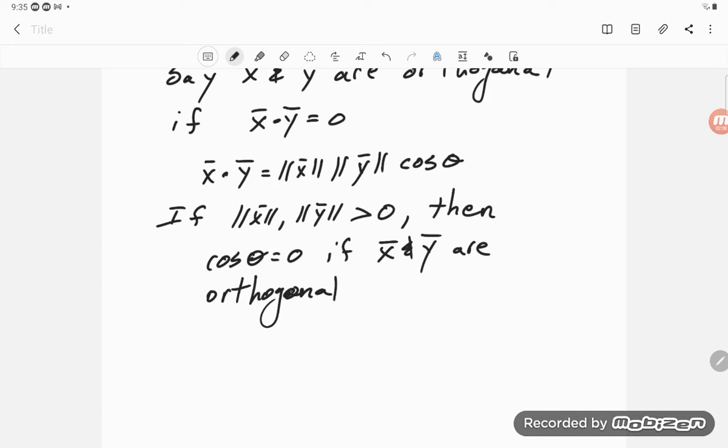Now, physically speaking, if we're in 2 dimensions or 3 dimensions, cosine theta equals 0 implies that theta is equal to pi over 2, or 90 degrees. Perpendicular. So in 2 dimensions, if we have non-zero vectors, then orthogonality and perpendicularity are exactly the same thing. There's 90 degrees between the vectors.